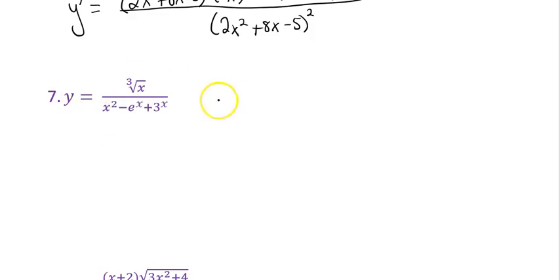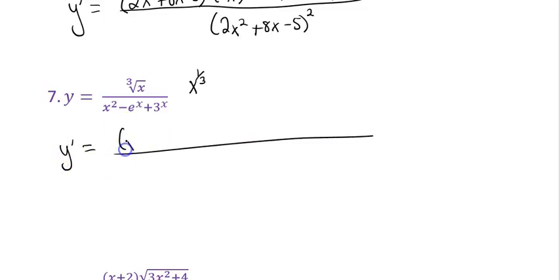Okay, number 7 is again a fairly simple example, but if you'll notice you have a radical on the top, so you need to remember to think of the top as x to the 1/3 when you're doing this, and then the rule begins. So I have the bottom times the derivative of the top, and again I'm thinking here, so 1/3 x to the negative 2/3.